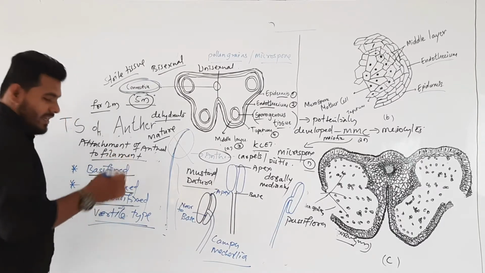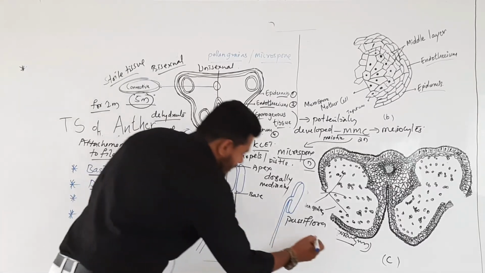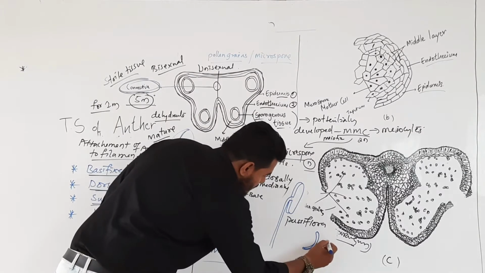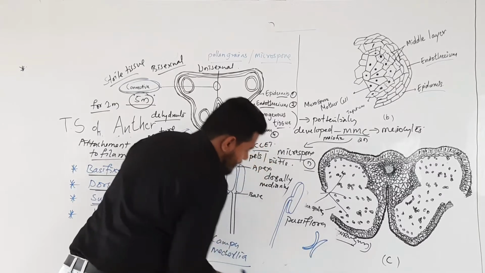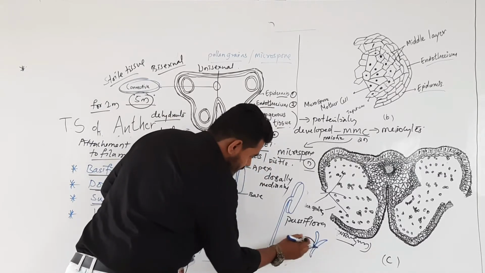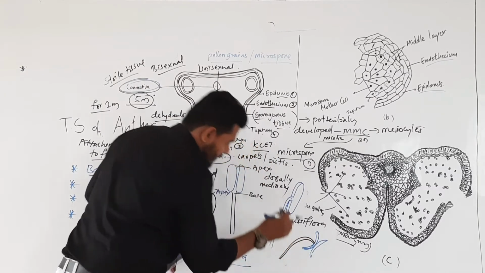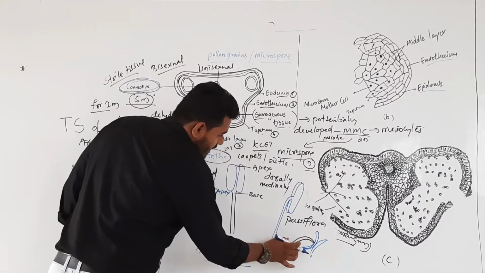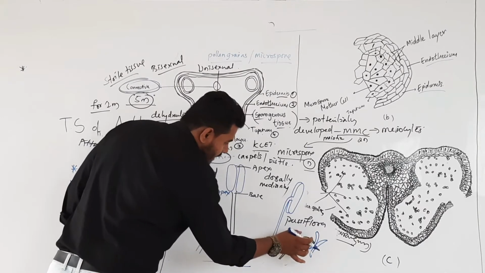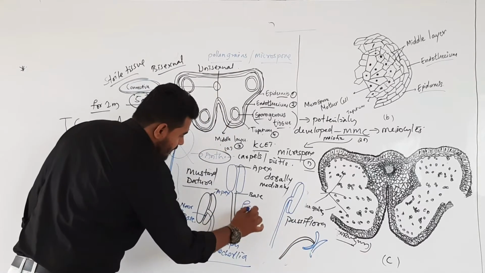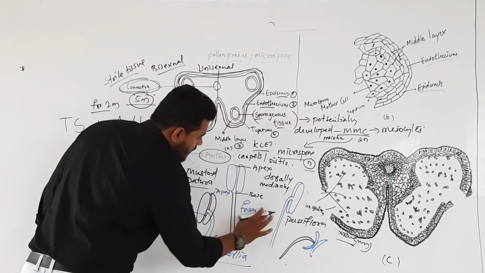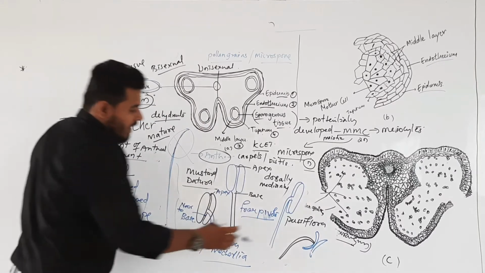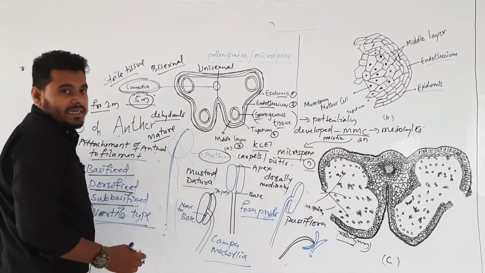Now the versatile type. These are the lobes like that, and this is the filament. Here the anther is attached with the filament at a free pivot region, so it swings freely like a flower.